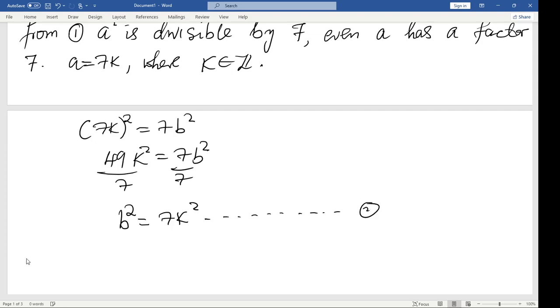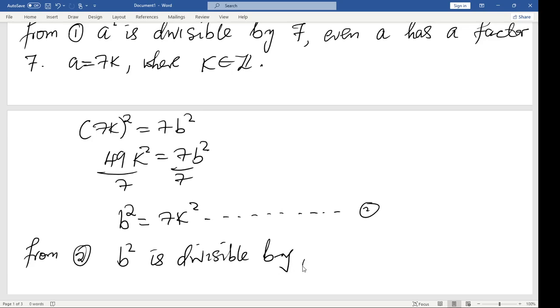So now you notice that from equation number 2, b squared is divisible by 7. Then if b squared is divisible by 7, even b has a factor 7.